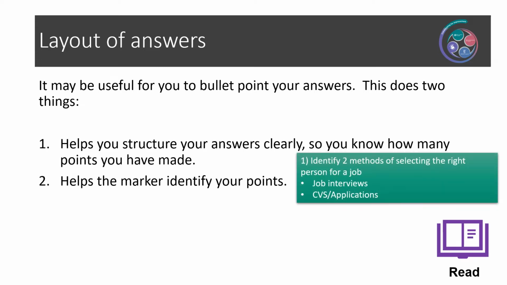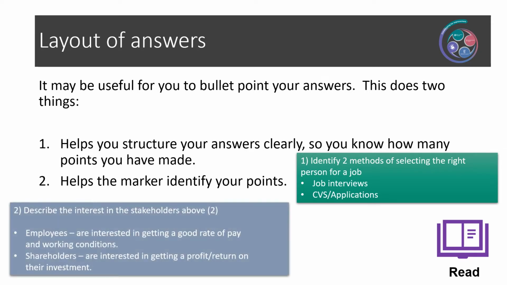So here's an example. Question 1, identify 2 methods of selecting the right person for the job. That command word was identify, 2 bullet points after the question, job done. So to show you what I mean about brief answers, the next command word that you might come across would be describe. So describe the interests of stakeholders above, 2 marks, 2 bullet points.